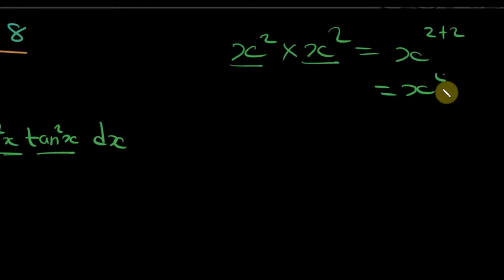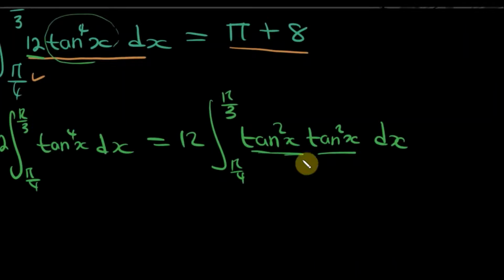So we can rewrite x to the power 4 as a product x squared and x squared. That's what we just did here. We applied this basic rule to this. Alright, cool.